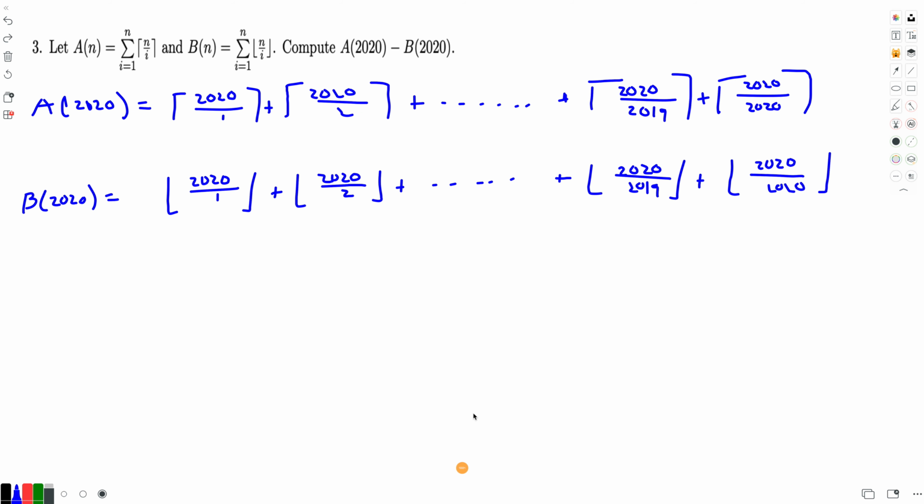Okay, so now after this is all written, we want to ultimately subtract these two. So let's think of what the floor and ceiling functions first of all do. Well, the floor and ceiling functions both return integers, right? So when is the floor and ceiling function going to be equal? Well, when we're taking the floor and ceiling function of an integer, we're going to get the exact same result.